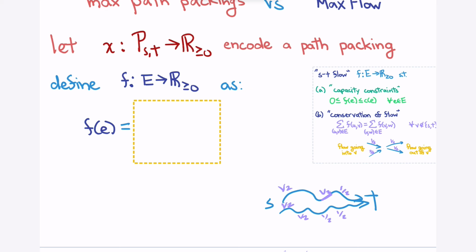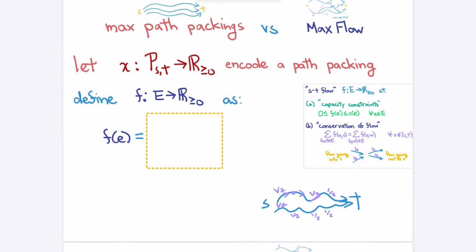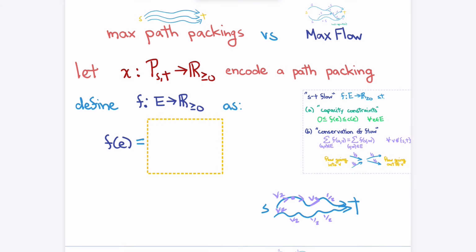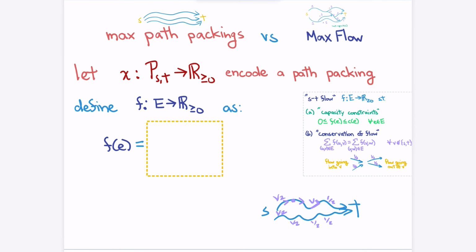And am I conserving flow? Well, all of these flows are generated by paths, so what goes in is the same as what goes out, right? Because a path goes into a vertex, goes out of a vertex. So you're getting this conservation of flow for free at all the vertices, and your capacity constraints are actually fine because you only put 1/2 on every edge, and the capacities were 1.